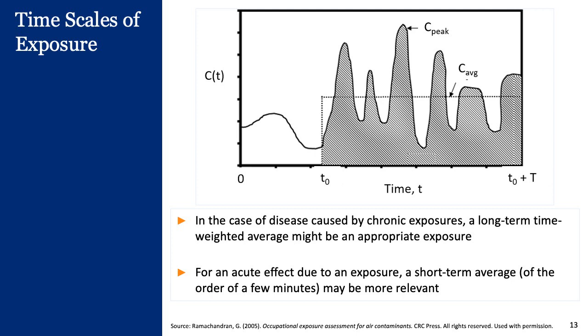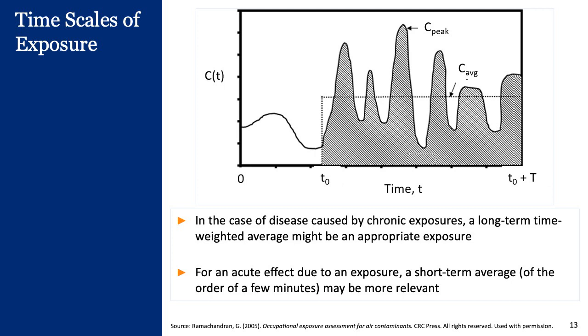Now, if you are interested in a disease caused by chronic exposure, long-term exposures, then you are really looking at the long-term time-weighted average. So if we take this time t0 to t0 plus T along the x-axis, and we consider that the time period over one work shift, for a chronic exposure, we really don't need to know the minute-to-minute or hour-to-hour variability.